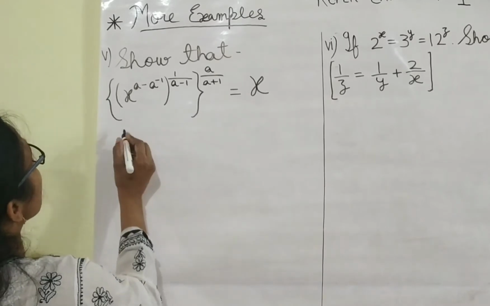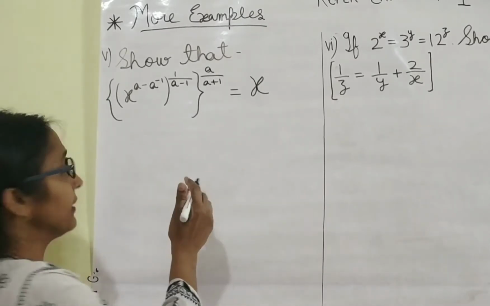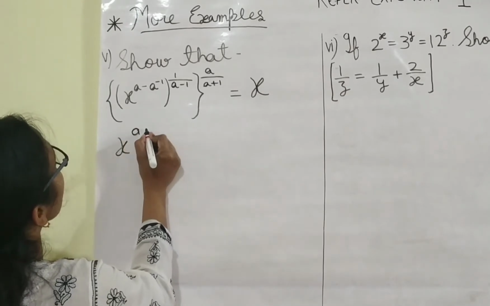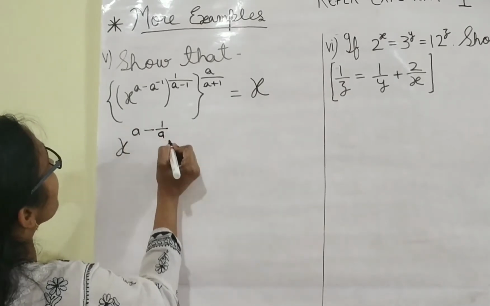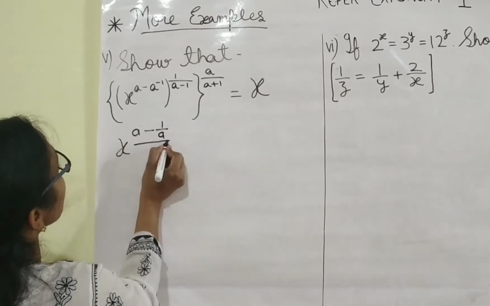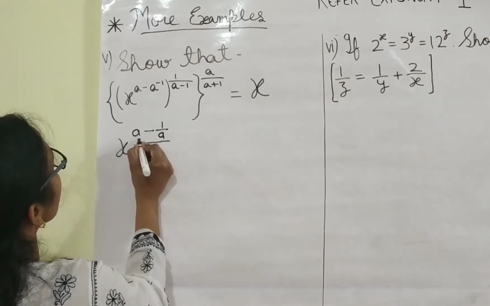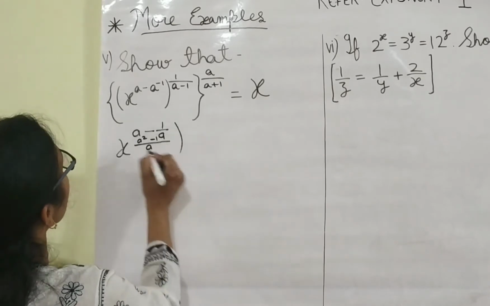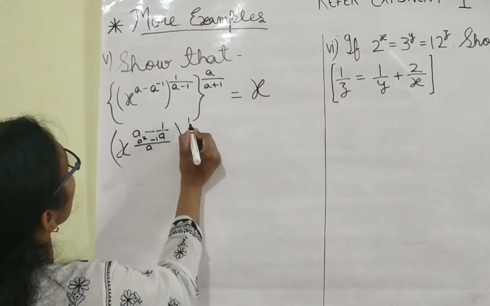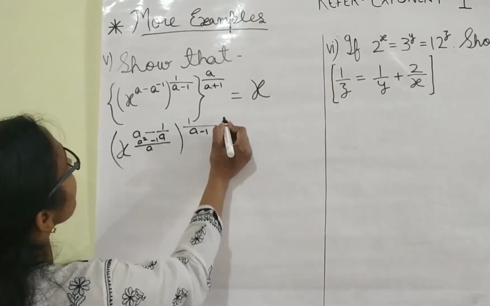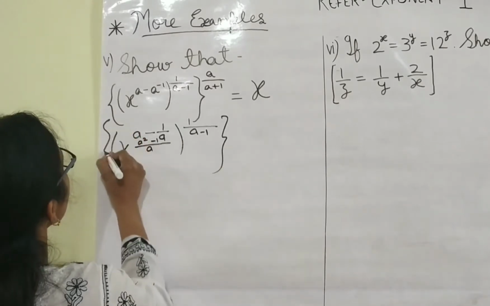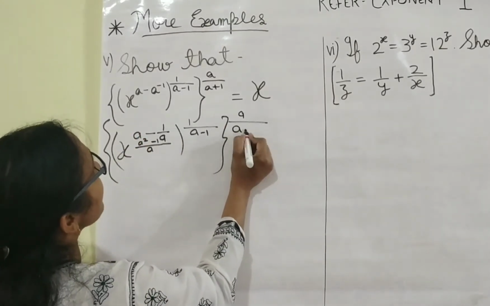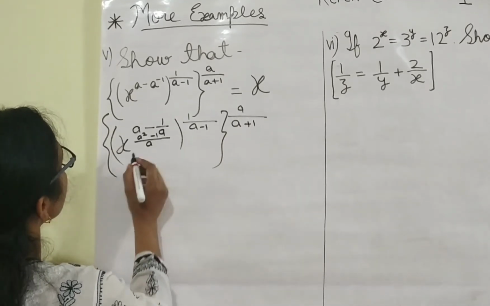So first we will solve the left hand side, x power a minus 1 upon a. Here we will take LCM a, so it will become a square minus 1, again 1 upon a minus 1, close the bracket, and a upon a plus 1.